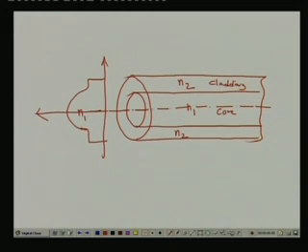Here it is N1 and here this is N2, right.